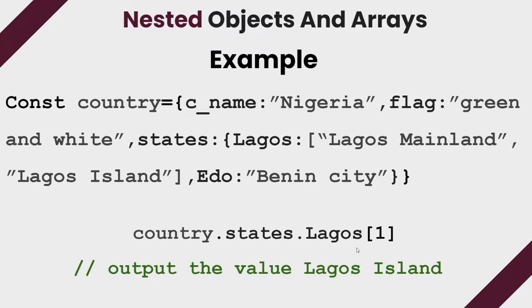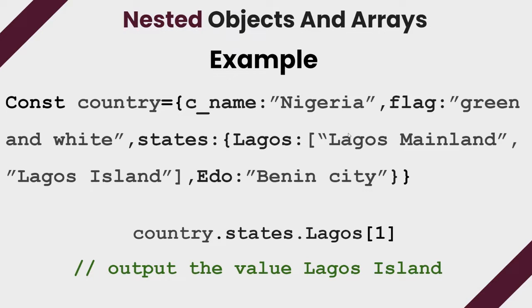But if you notice very well, this Lagos is now referenced with array referencing methods. That's this bracket notation here of one, and that's because the value for this key here is an array.